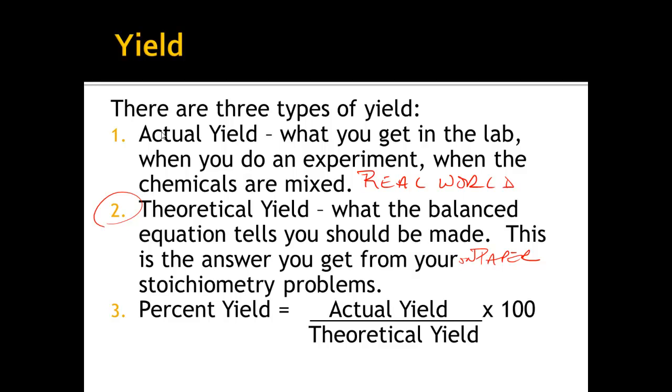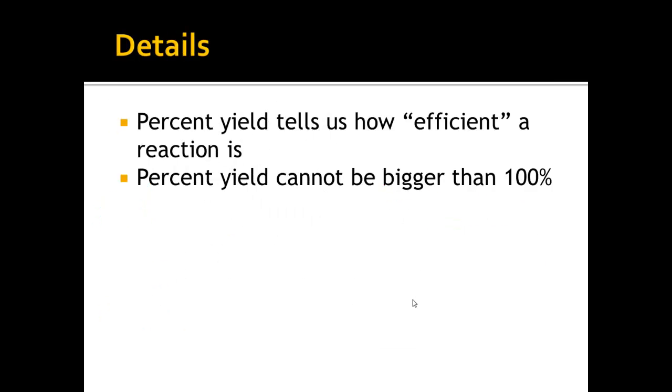So since it's just a short explanation, I'm just going to tell you the information. And then in order to do my point here of this lecture, percent yield, this is what I do. I take the actual yield, divide it by the theoretical yield, multiply it by 100, round for sig figs, we're all good. Okay. So percent yield will tell us how efficient a reaction is.